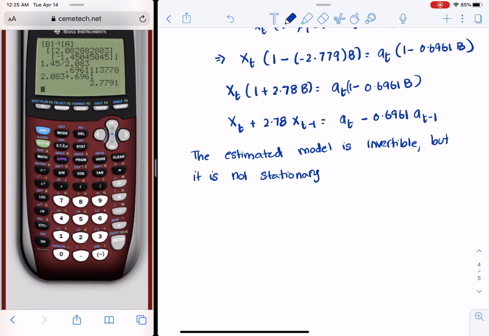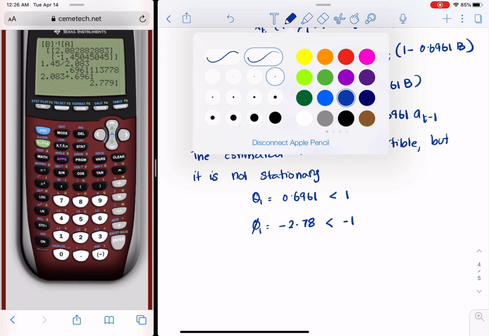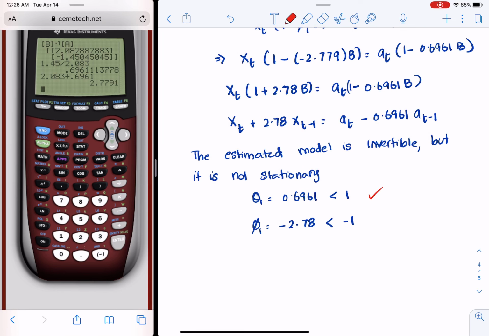The reason is because theta 1 is 0.6961, it's definitely less than 1, and phi 1 is negative 2.78, which is less than minus 1. And we want the value of theta 1 and phi 1 to be between negative 1 and 1. So that checks out for invertibility, but that doesn't work out for stationarity.